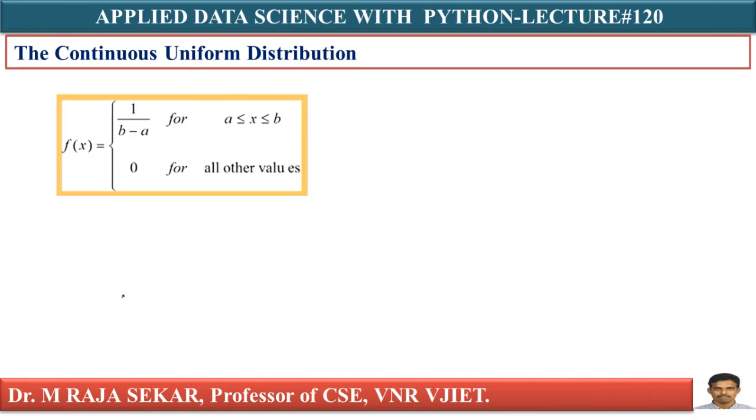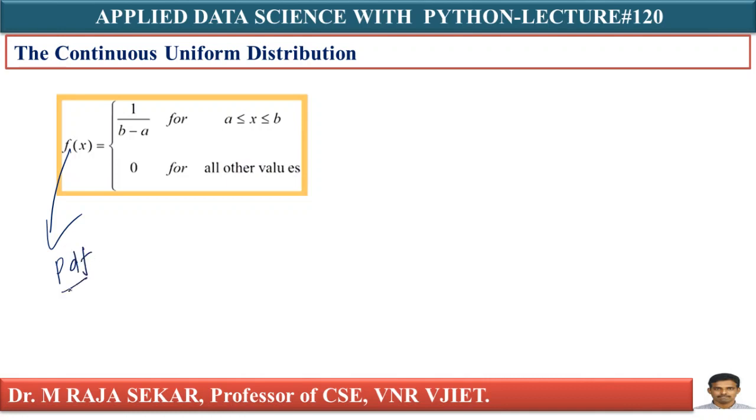Here b is the upper limit and a is the lower limit. In other intervals, the value of the probability density function is 0. This f of x is known as PDF.